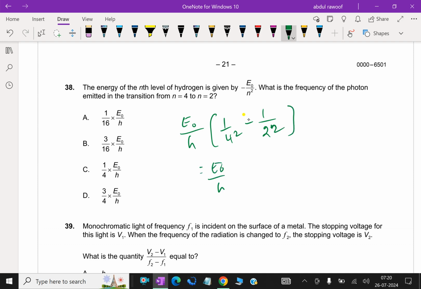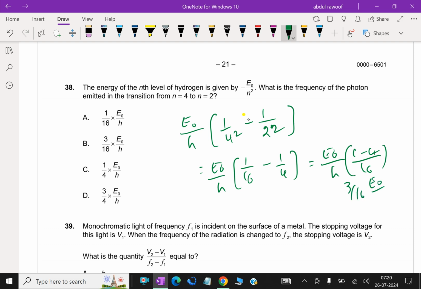E0 over h, 1 over 4 minus 1 over 16, is equal to E0 over h times (4 minus 1) over 16. That is 3 over 16 E0 over h. Option B.